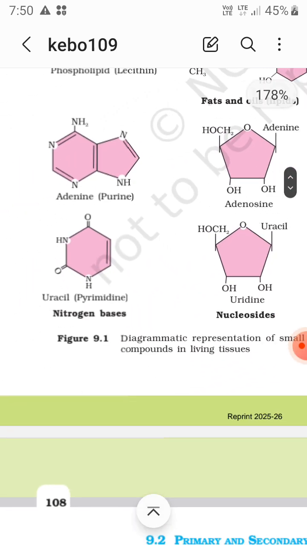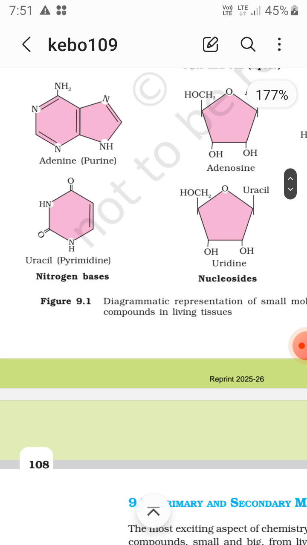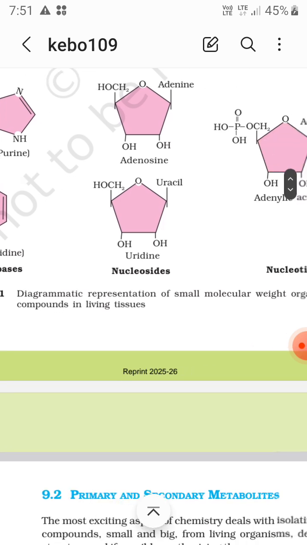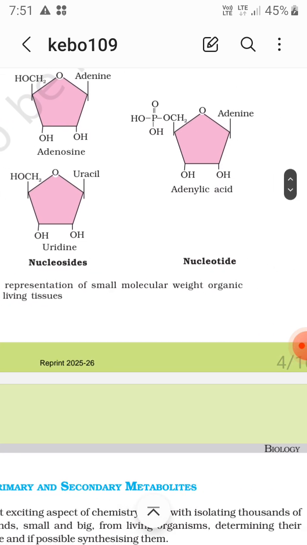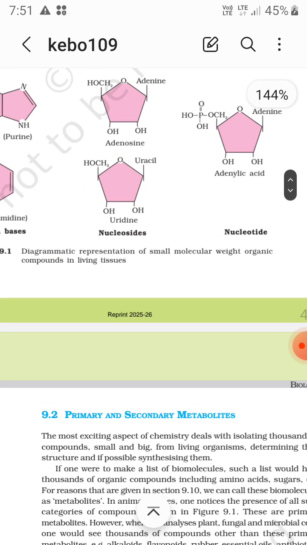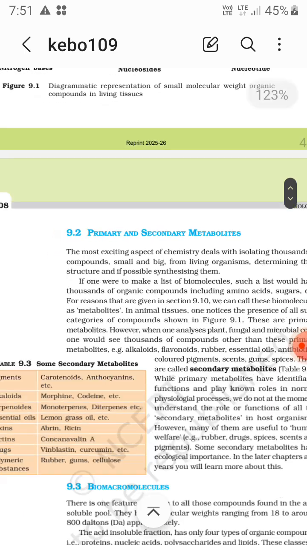It is a nucleotide. Now uracil is a pyrimidine. Adenine and guanine are purines; uracil, cytosine and thymine are pyrimidines. They have one heterocyclic ring with two nitrogens in the ring. Then there are nucleosides, that is uridine, uracil attached to the pentose sugar, and then there is a nucleotide. So all these are diagrammatic representations of small molecular weight organic compounds in living tissues.